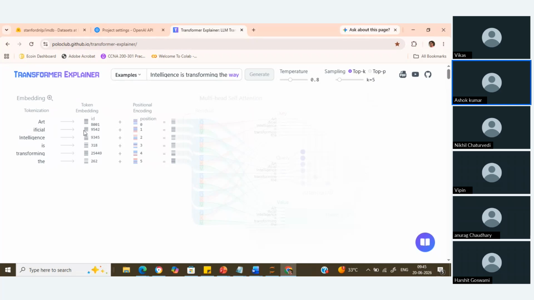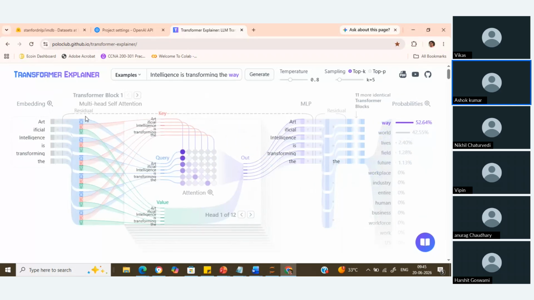The sentence is broken into tokens, then we add positional encoding as well, meaning the position of each and every keyword, because if the position is not maintained, the output may change. So positional encoding is done over here, and then I will get the embedding.